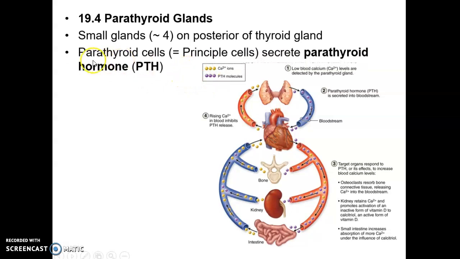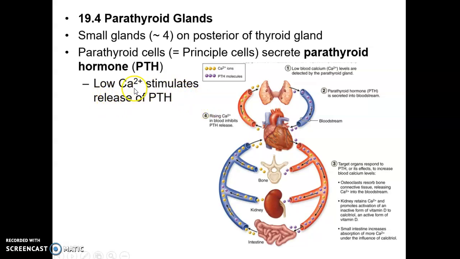And there are parathyroid cells there, also called principal cells, and they secrete parathyroid hormone. Right? Parathyroid hormone secreted by the parathyroid cells of the parathyroid gland. Their effect is to increase blood calcium levels.